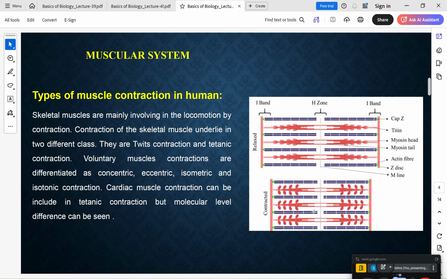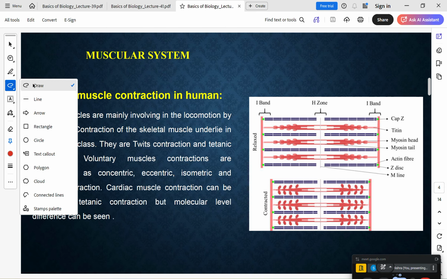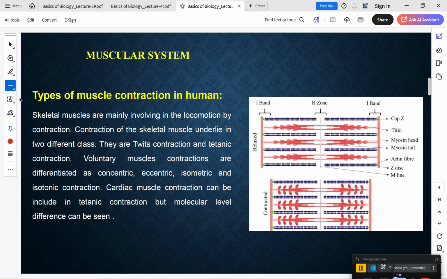As I said, there is a specific banding pattern for the skeletal muscles which enables it to do the locomotion. There are two different types of contractions that occur in the skeletal muscle: twitch contraction and tetanic contraction.